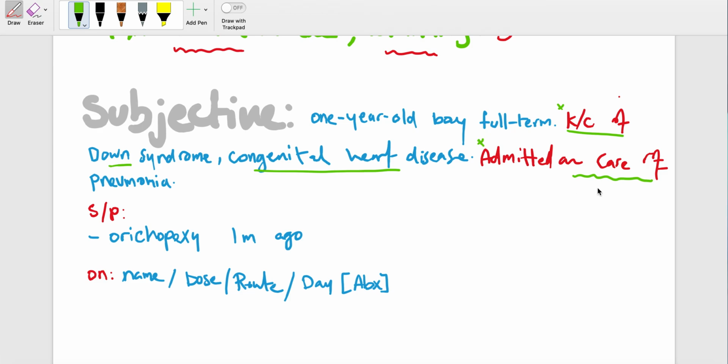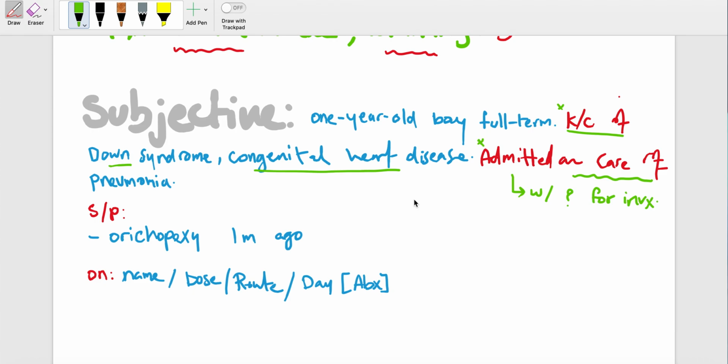As case of means that your patient is already diagnosed. But if the case is still not diagnosed and under investigation, the case is queried, you will write admitted with the complaint or the presentation he or she came with, and then say for investigations.